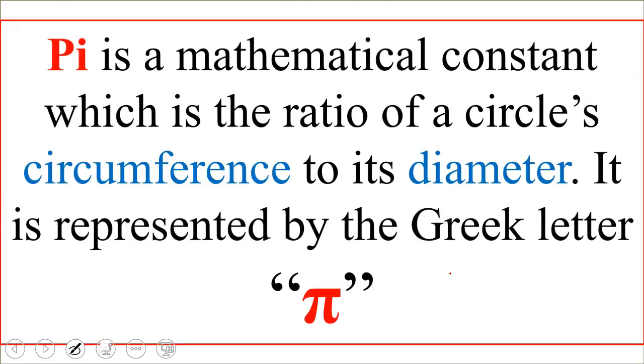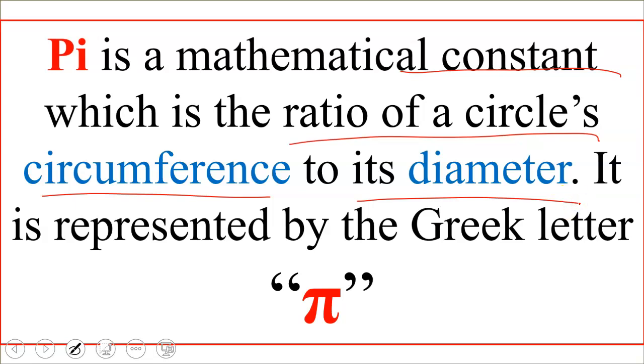Right. So in a nutshell, the definition for the word pi is a mathematical constant, which is the ratio of a circle's circumference to its diameter, and it is represented by the Greek letter pi. So this is a letter in the Greek alphabet, pi.